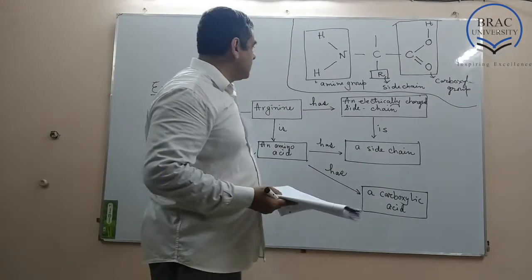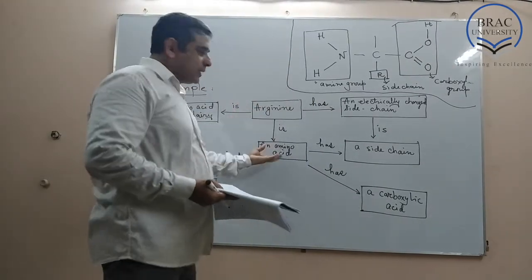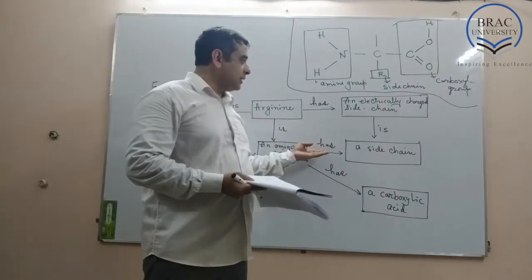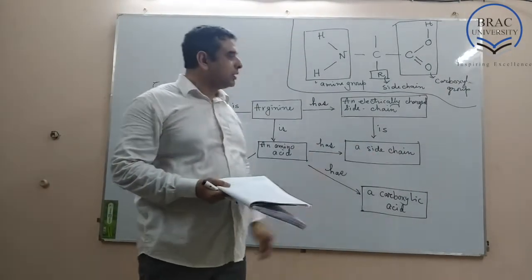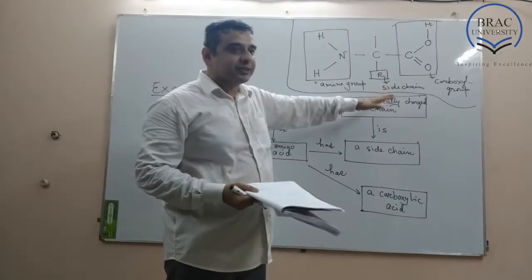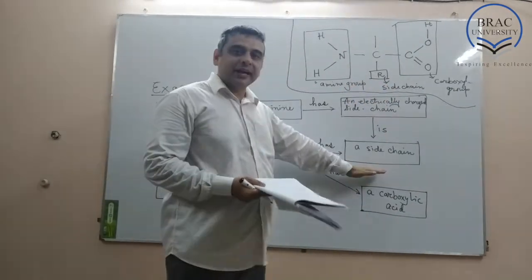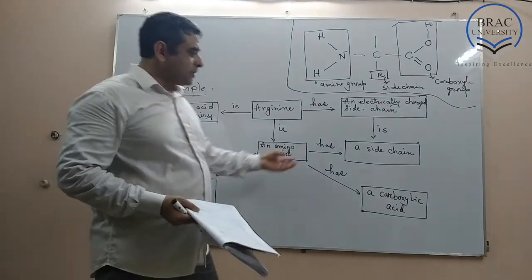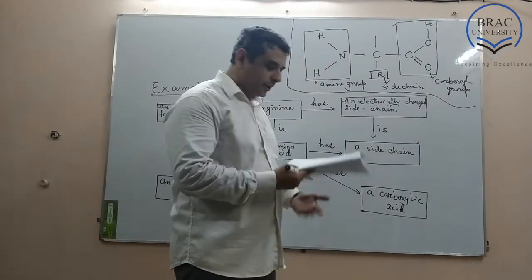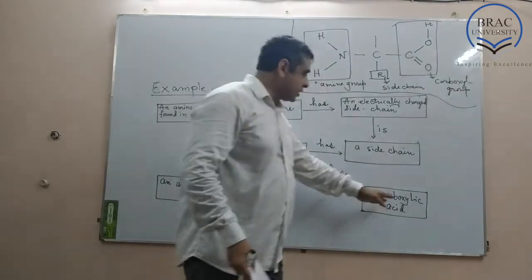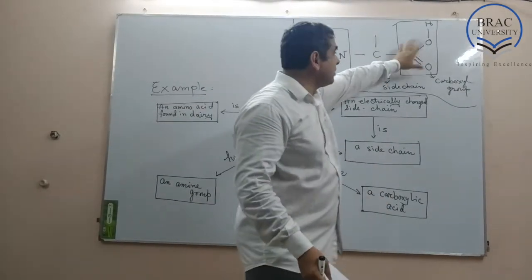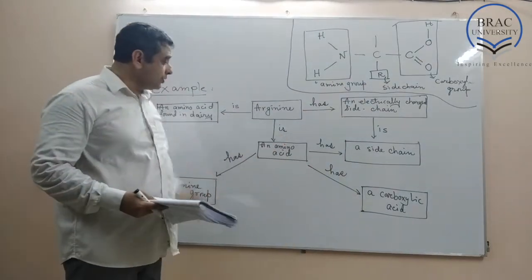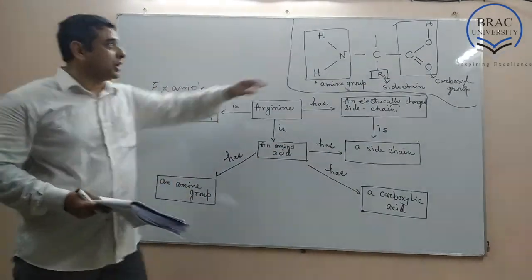Okay. And arginine is also an amino acid, and an amino acid has a side chain in general, and an electrically charged side chain is of course a side chain, and an amino acid has a carboxylic acid as a carboxyl group here, and an amino acid also has an amine group that you can see here.